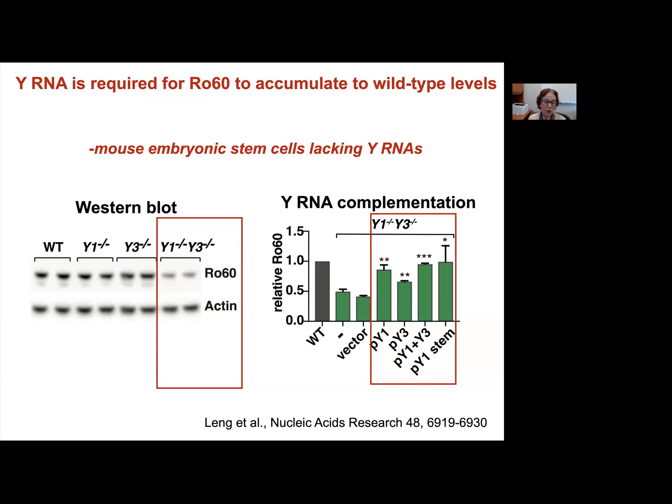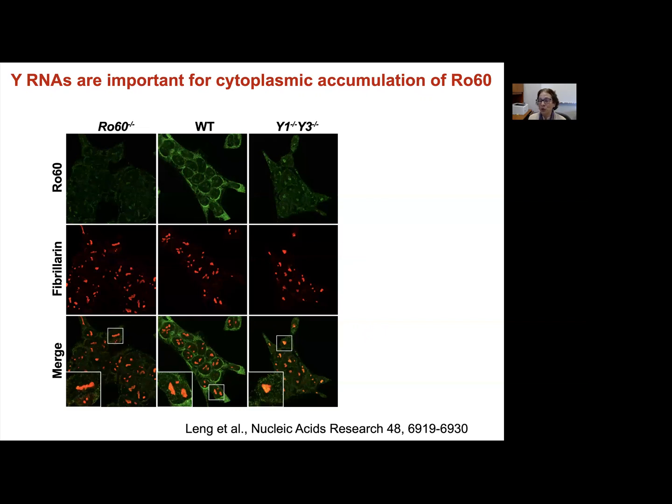Rho60 is also restored to wild-type levels when a short RNA containing only the Rho60 binding site is expressed in the knockout cells. Yuan also showed that Y-RNAs are important for the cytoplasmic accumulation of Rho60. Here she performed immunofluorescence from wild-type cells and cells lacking both Y-RNAs.